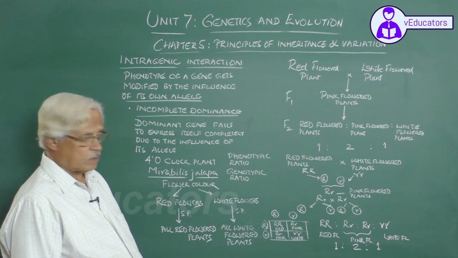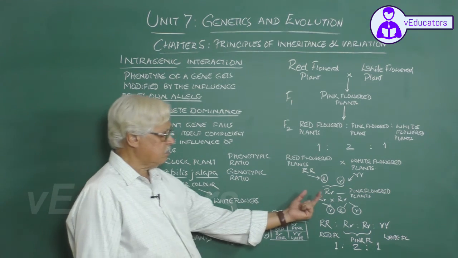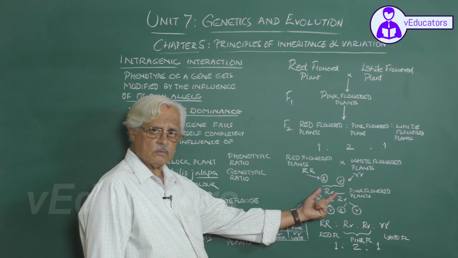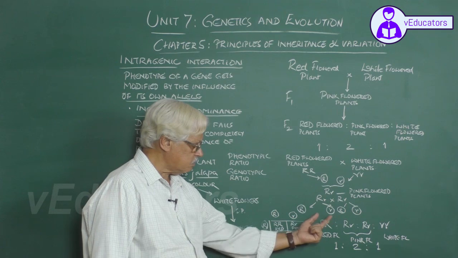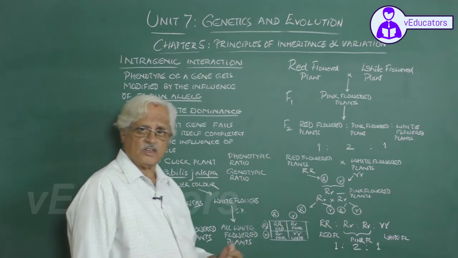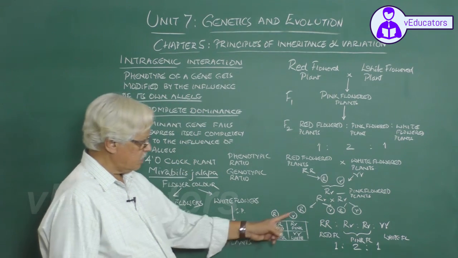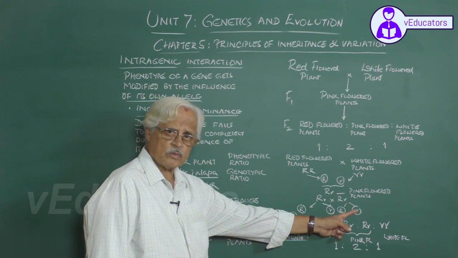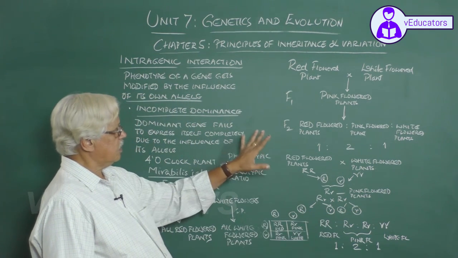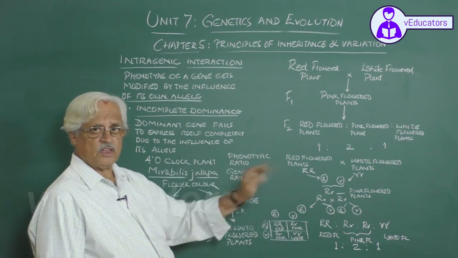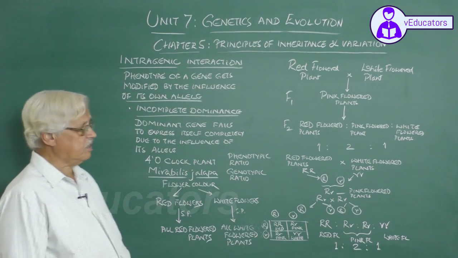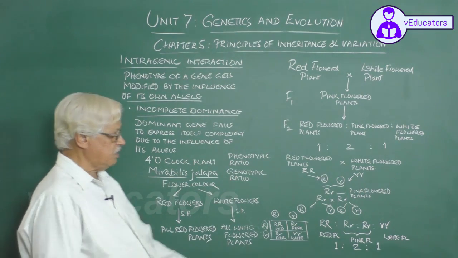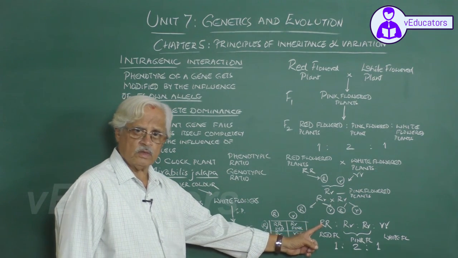That means this is a deviation from the law of dominance, but it is not a deviation from the law of segregation. Thereafter, you can see there is segregation of the 2 genes. So incomplete dominance is a deviation from the law of dominance, but it is not a deviation from the law of segregation.